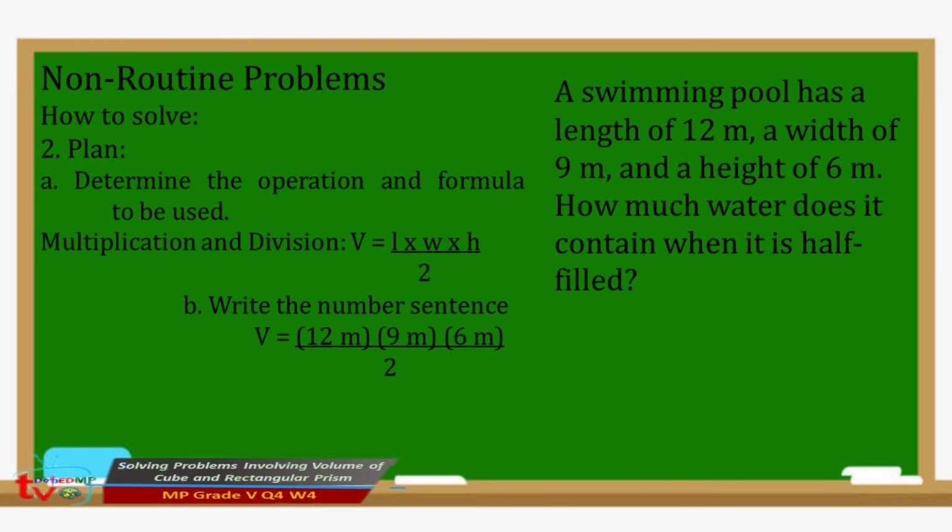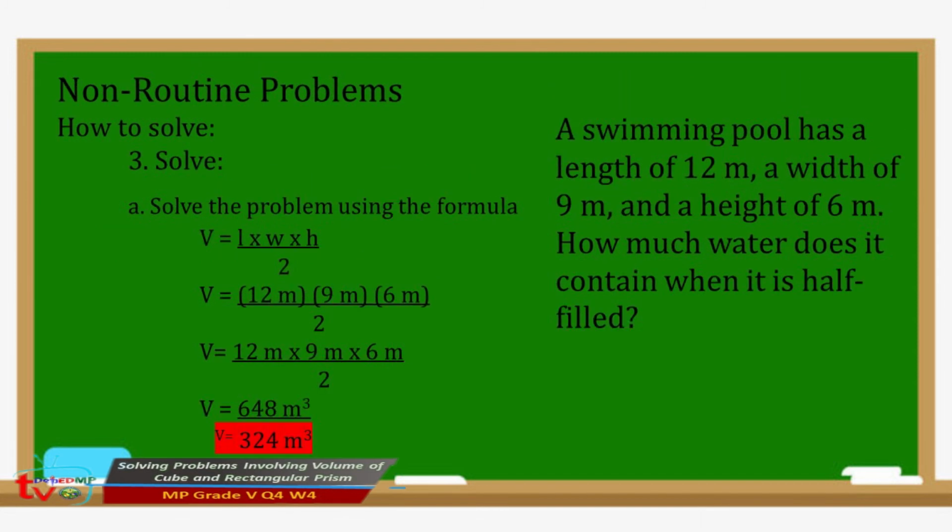First, we need to solve the problem using the formula that we have determined in step 2. The formula here is volume is equal to length times width times height divided by 2. We also need to use the number sentence that we have formulated: volume is equal to 12 meters times 9 meters times 6 meters divided by 2.